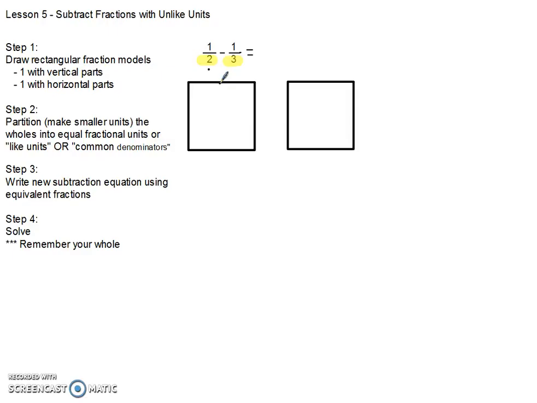So my first fraction is 1/2. I have 2 parts in my whole, so I'm going to draw my 2 parts. And then I have one of those parts, so I will show that by shading in one of those parts. Okay. And then I'll go over to my second fraction model.